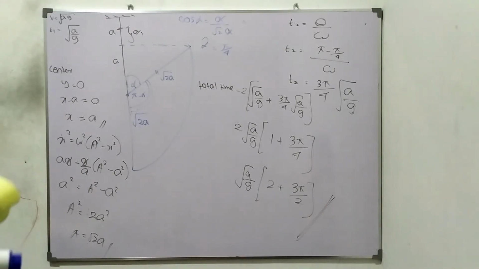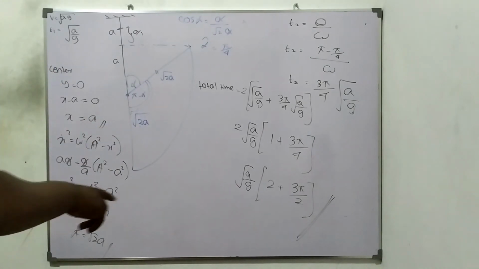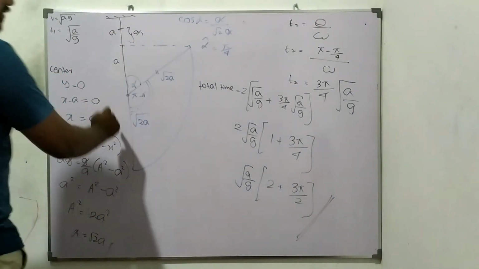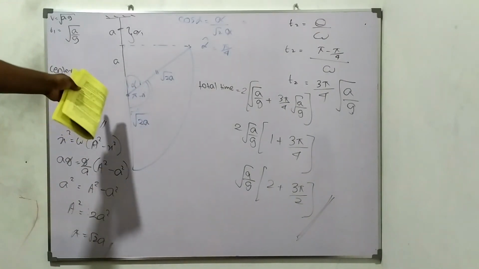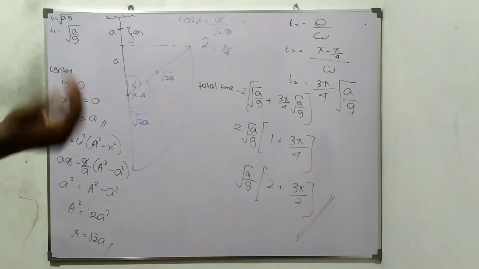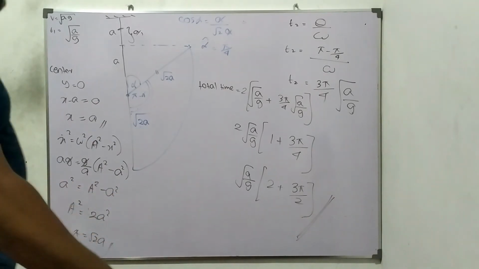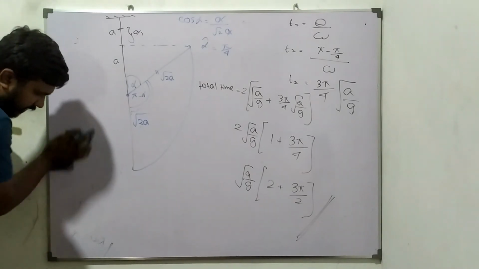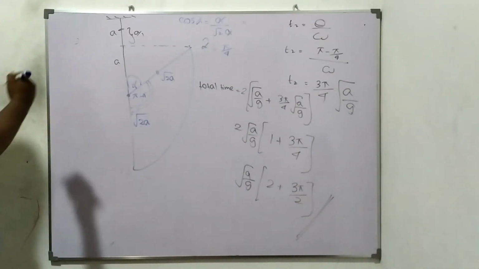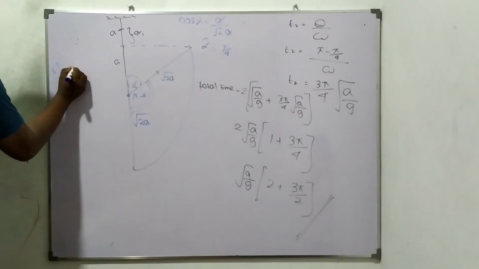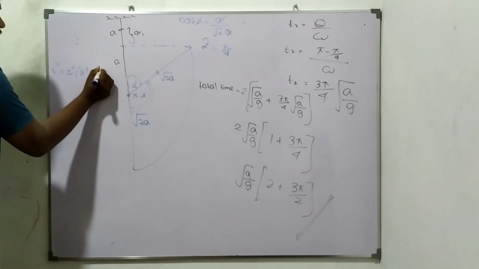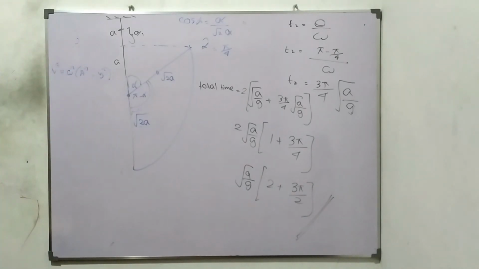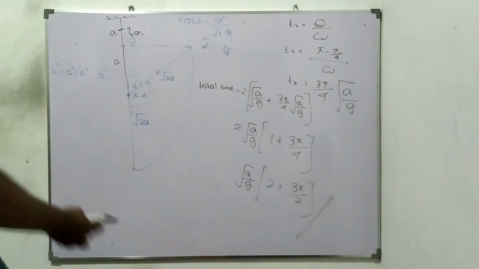And they also asked to find the greatest speed of the particle. The greatest speed is always at the origin, because the particle is going fastest at the origin. So origin means y is 0. Then we can apply our velocity equation, v squared equals omega squared times (a squared minus y squared).